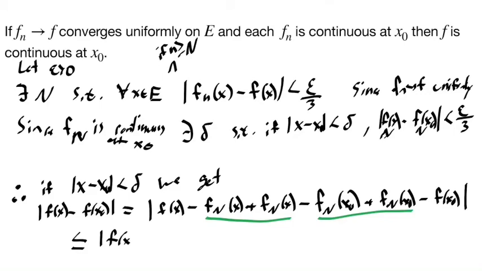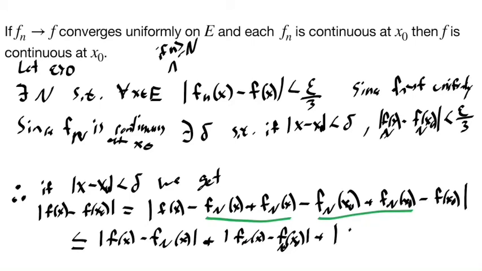And so this is less than or equal to f of x minus f capital N at x, plus f capital N at x minus f capital N at x naught, plus f capital N at x naught minus f at x naught.